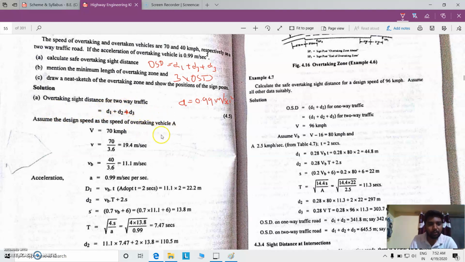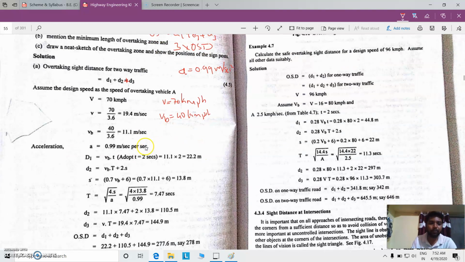I will consider the overtaking vehicle speed V as 70 kmph because the value is given for the overtaking vehicle, and the overtaken vehicle speed will be VB, that is 40 kmph, right?